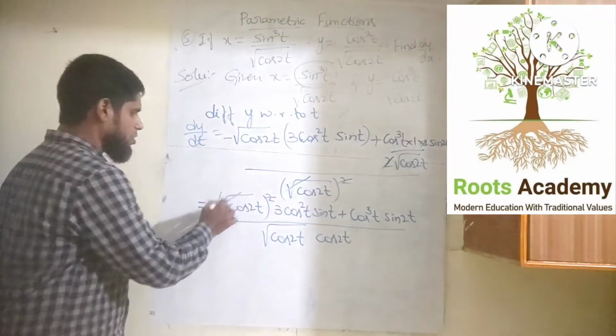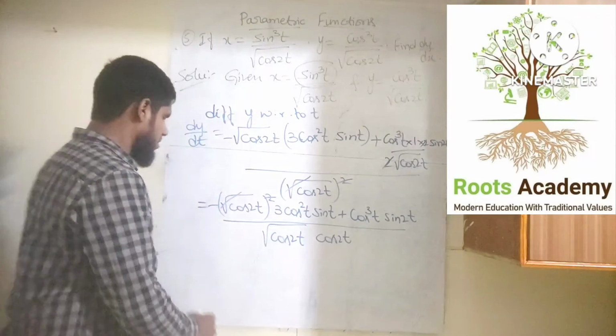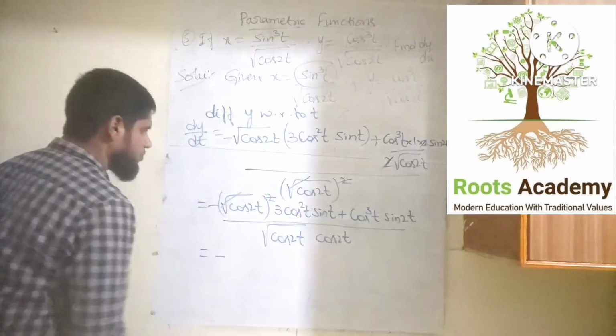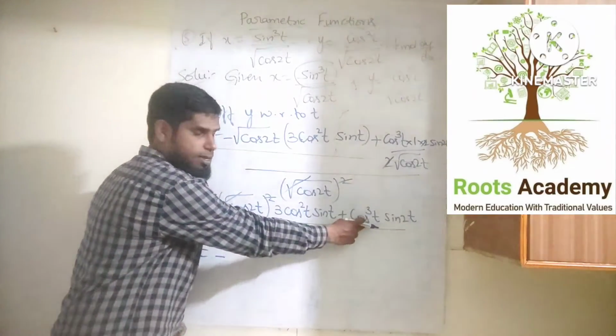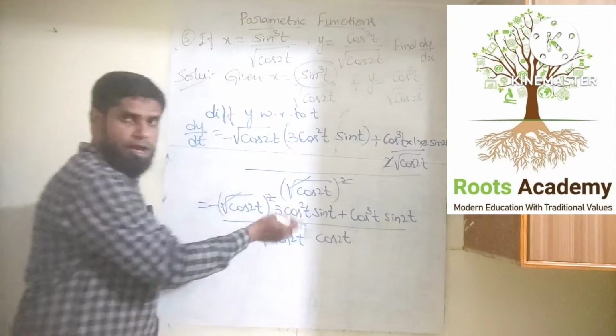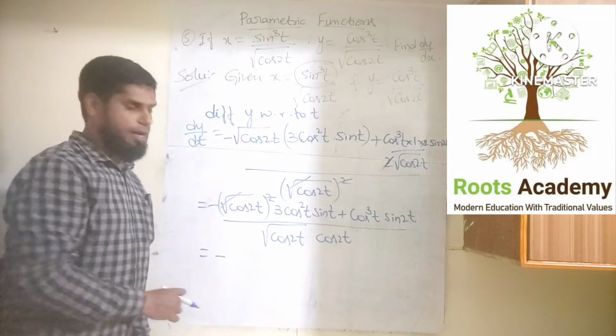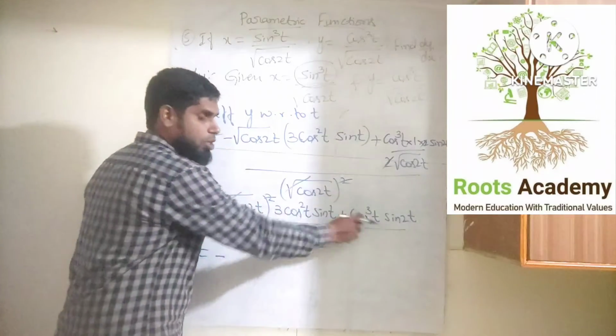Now square and root get cancelled. This is equal to minus. Here cos cube is there and cos square is there. I have taken sin square common in sin; like that, here I can take cos square common.